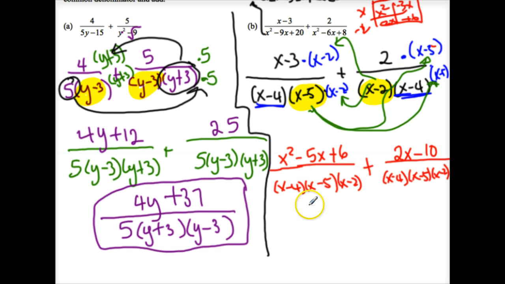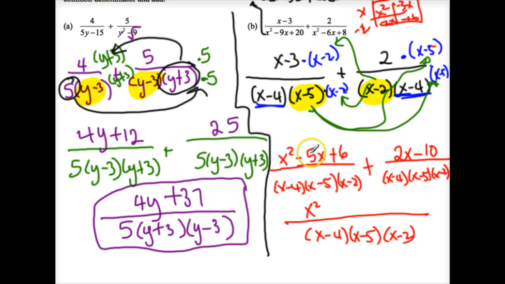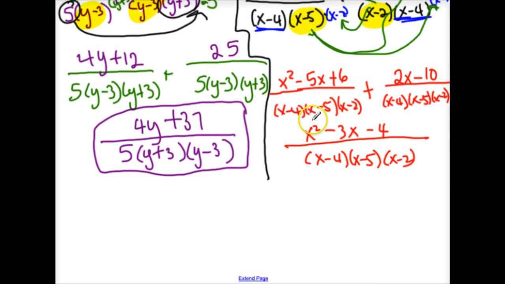Sorry. Now let's combine. All of this gets one denominator, because that's my goal, to get one denominator. Then x squared is by itself. My minus 5x plus 2x will give me a minus 3x and minus 4, since it's 6 minus 10. Now the last thing that I want to do is go ahead and factor this top part out. Remember, this is my a, my b, and my c.